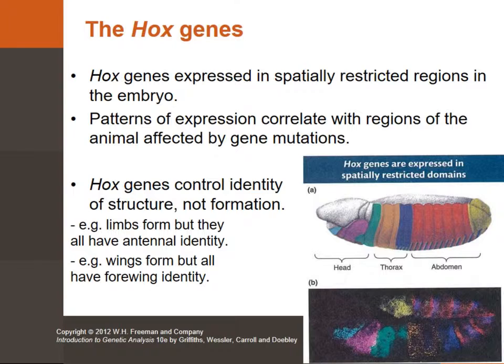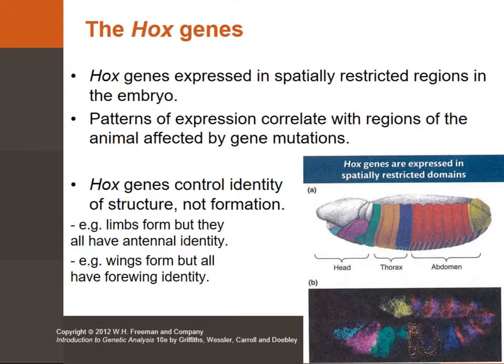So in the embryo, they found that Hox genes are expressed in spatially restricted, sometimes overlapping regions. The patterns of expression of these Hox genes correlated with regions of the animal that were affected by mutations in those genes.